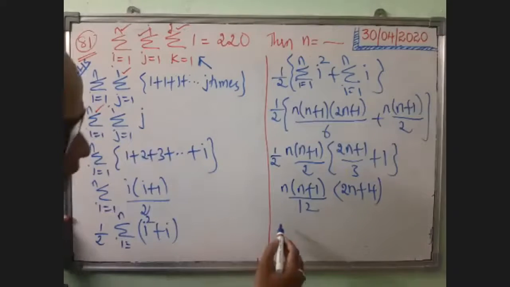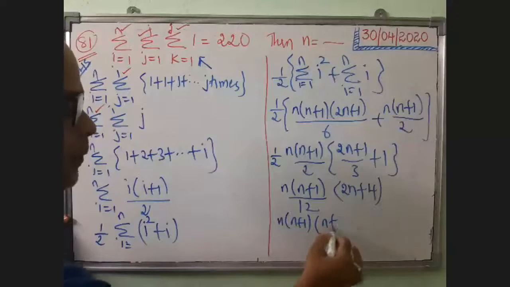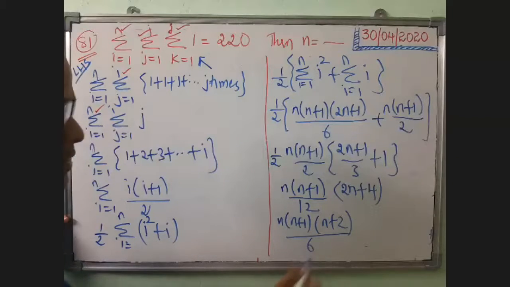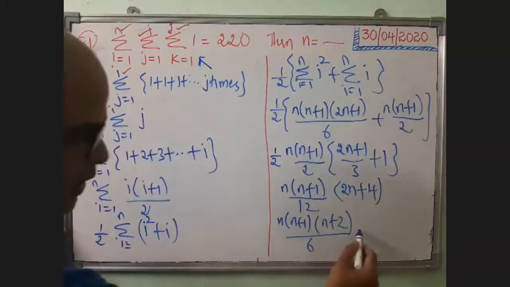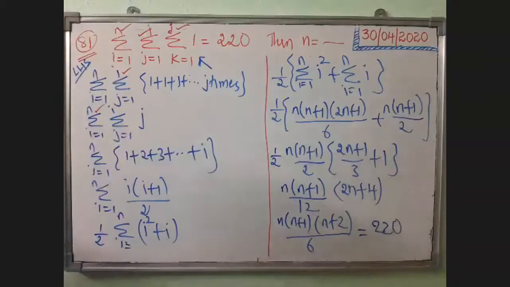So what I do is actually, I will write down n into n plus 1 into n plus 2 by 6, because 2 common, it gets cancelled. So this value is actually equal to 220. Now you should see which value satisfies.